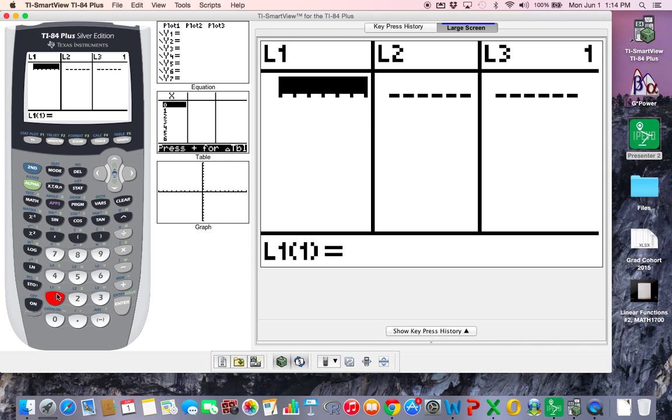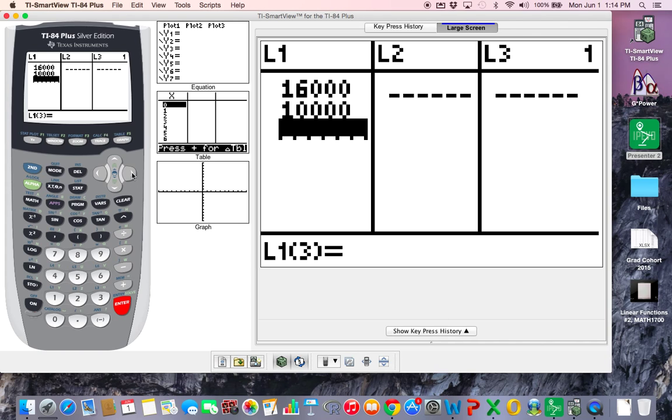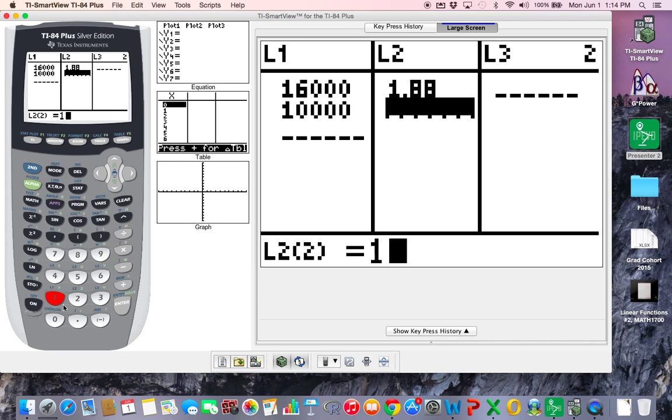So I'm going to have 16,000 and 10,000. I'm not worried about the demand function just yet. Now, for 16,000, we know that the price was $1.88, and for 10,000, the price was $1.46.